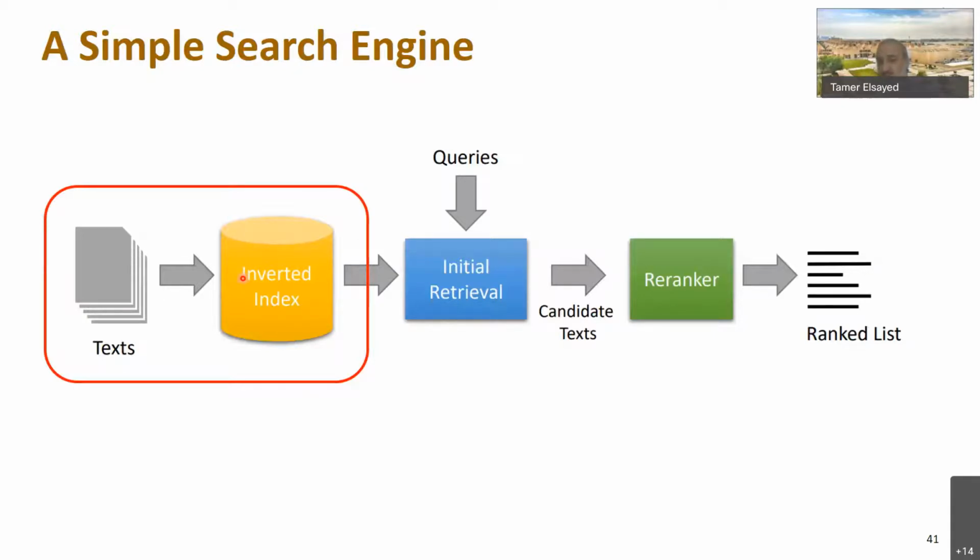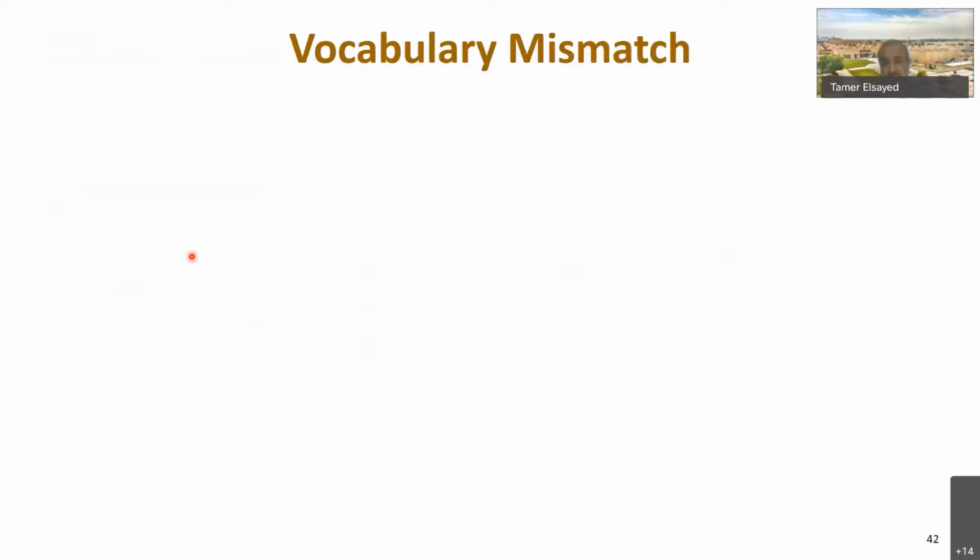But we will introduce a new method in the pre-processing space, which we almost didn't talk about at all once we started to talk about neural ranking, but now we will, inshallah. So the focus of this part will be on pre-processing, and we want to talk about vocabulary mismatch.